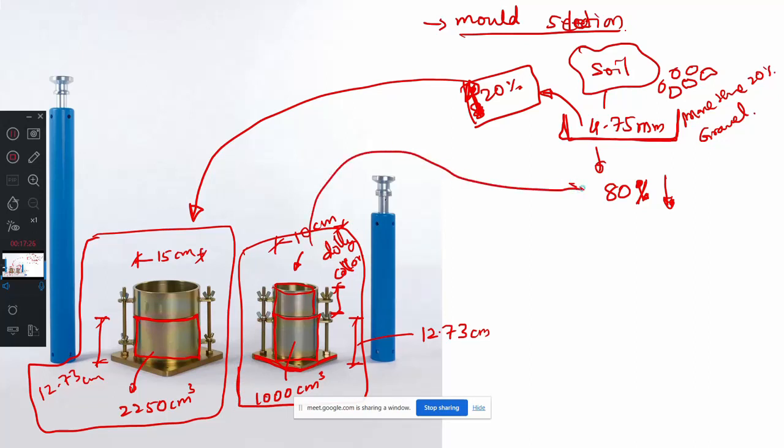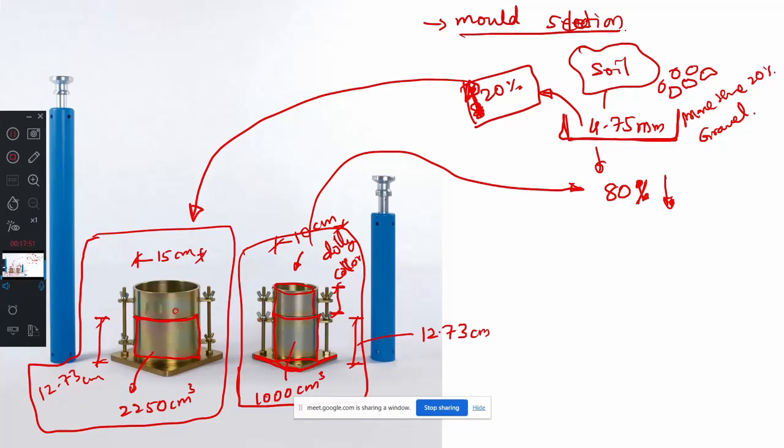Understood? Don't say coarse soil means big mold, fine soil means small mold. Don't use the words coarse and fine for selection of molds. Students get confused and say that sir, light compaction means small mold and heavy compaction means big mold. No, don't make this mistake.